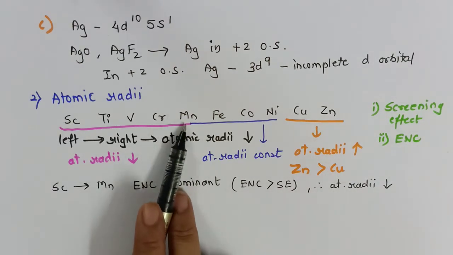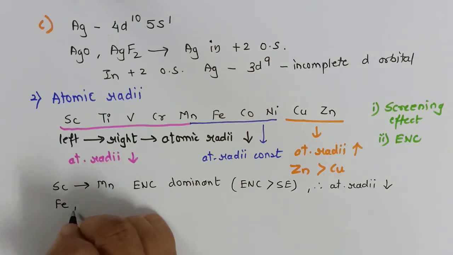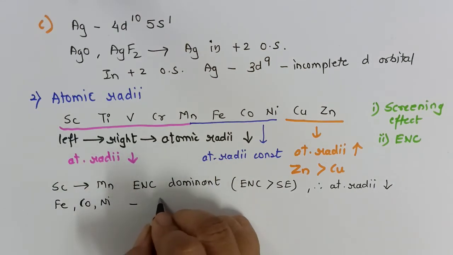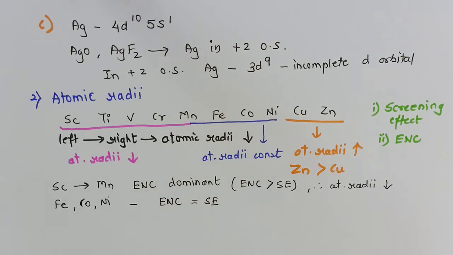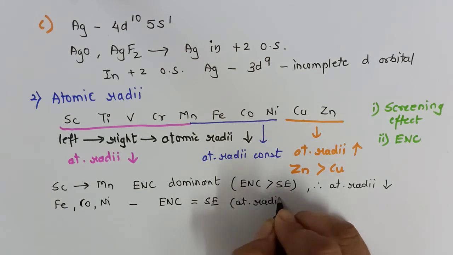But as we reach the middle of the transition series, where the number of d electrons in the penultimate shell starts increasing, then the changes start occurring. So iron, cobalt and nickel, in this case the effective nuclear charge is near about same as that of the screening effect, and therefore the atomic radii is near about constant.